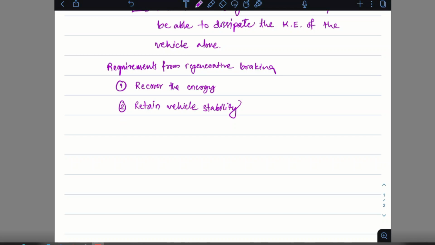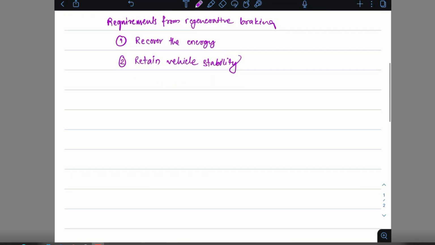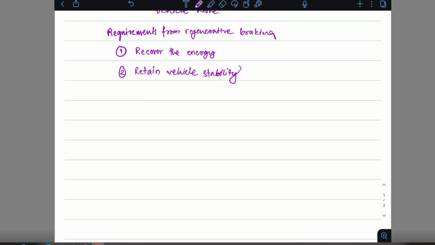So we have two different objectives. Let me point out the aspects which this relates to.